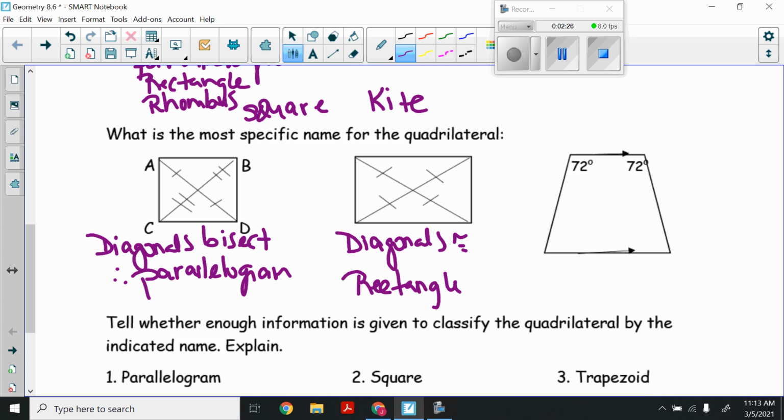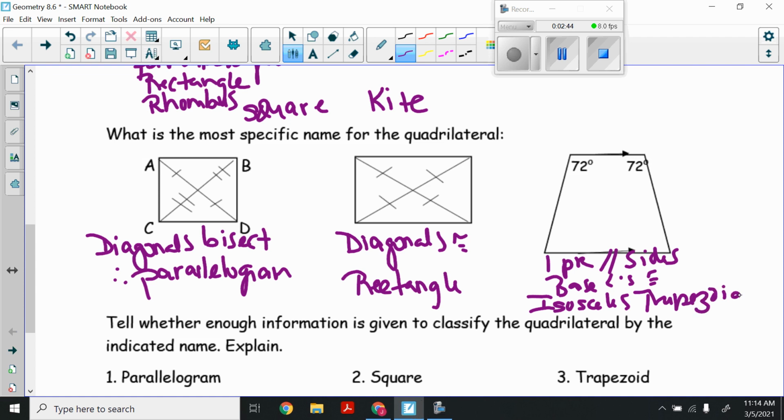I have one pair of parallel sides, and then I have base angles congruent. Therefore, I know that this is an isosceles trapezoid. So that is identifying from the picture the most specific name that we can give something.